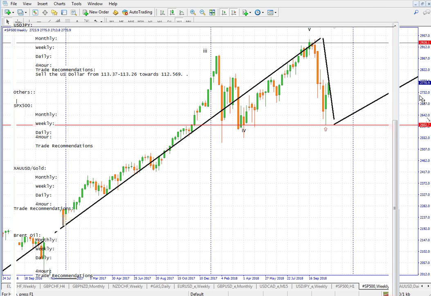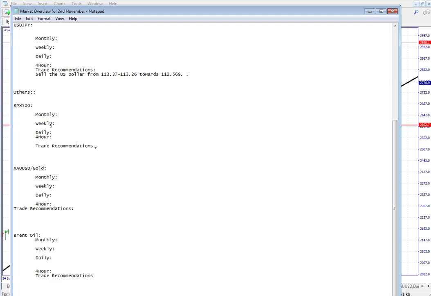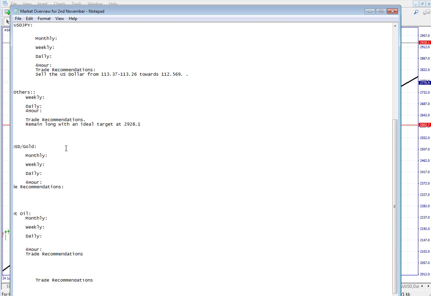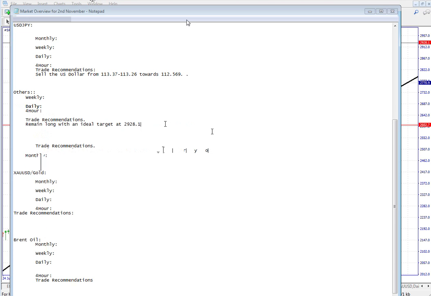So we need to say SP500, remain long with an ideal target at 2928.1, or you could rebuy from 2602.7.